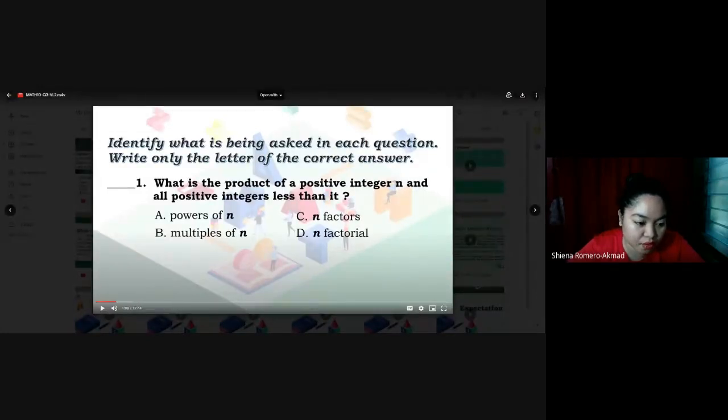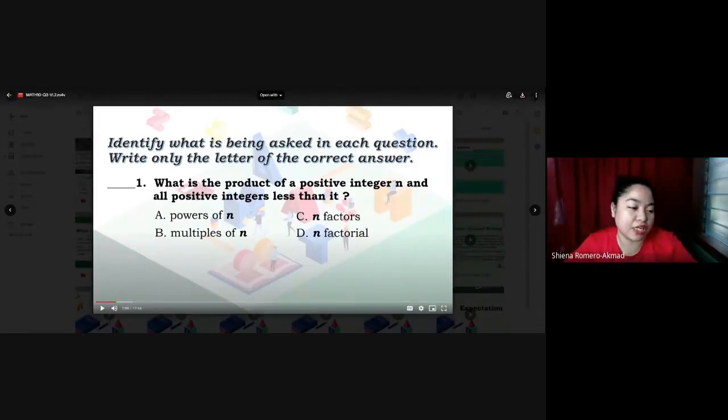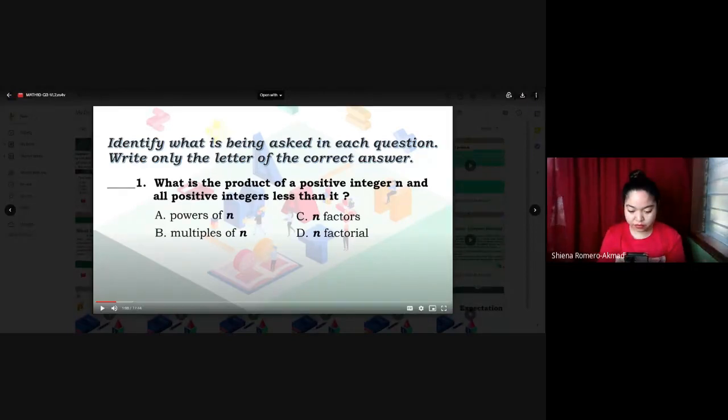Tinatanggap ko po hanggang ngayon. Utang na loob po, magpasa kayo. Kahit late na kayo, binibigyan pa namin kayo ng chance. Ano itong pinasa? Wait a minute. Attendance mo tayo.